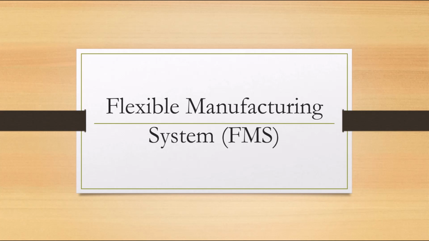The main uses of any flexible manufacturing system in industry are: it helps with quick changeover of operating instructions, it helps with quick changeover of physical setup, and it easily identifies the different part styles processed by the system.